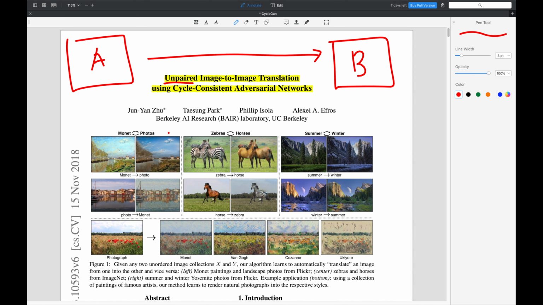Let's say you want to make a model that translates from zebras to horses. How are we going to even obtain a paired dataset? You have to obtain a dataset where the horses and zebras are at the exact same pose, exact same shape, in the exact same location, and you need thousands of these photos. It is near impossible, and that's the reason why this unpaired image-to-image translation task is really important.